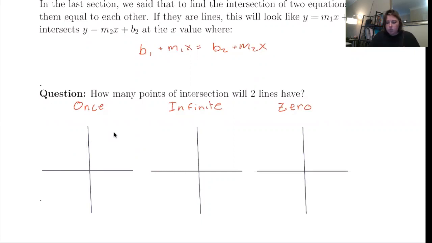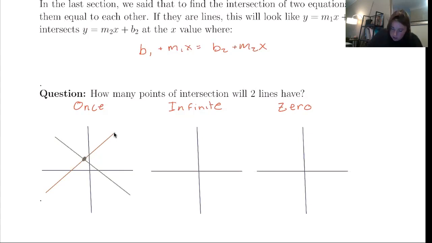So once we think of just two arbitrary lines that don't really have anything in common, right? Like these two guys. I'm going to do that a different color. Those intersect at one point.